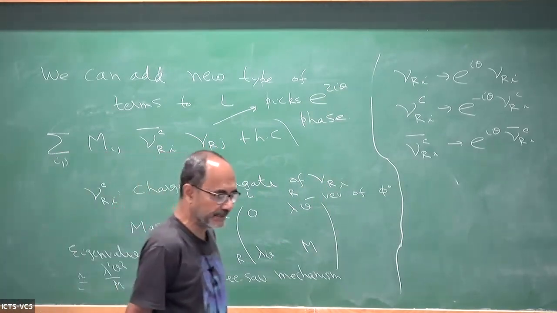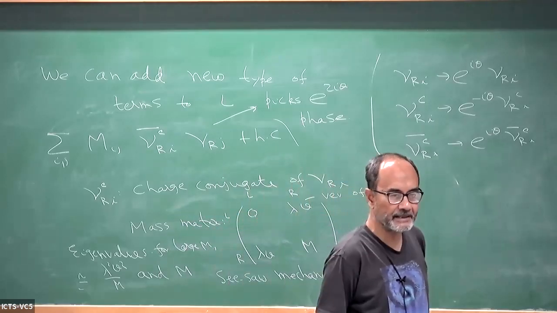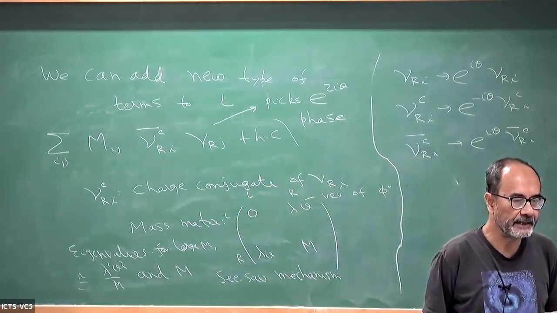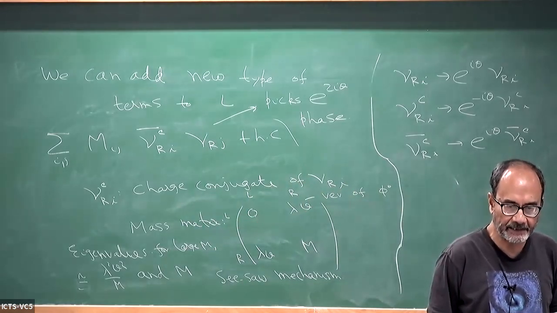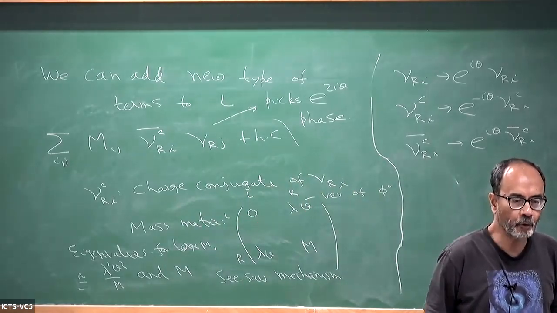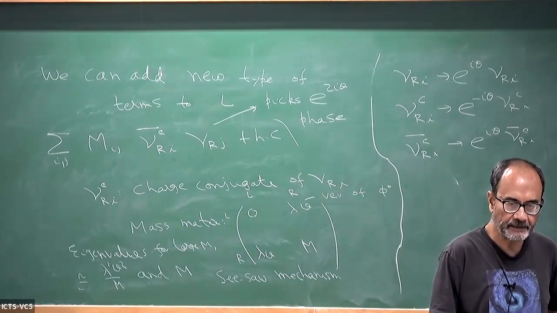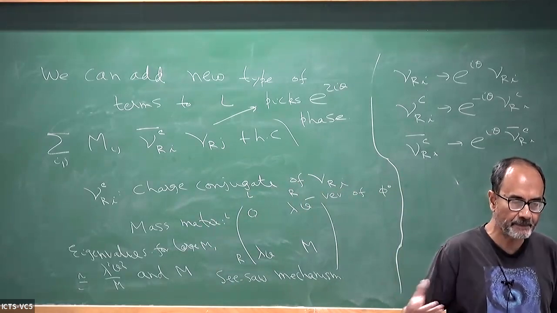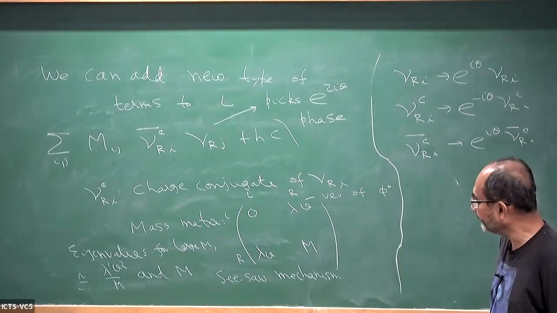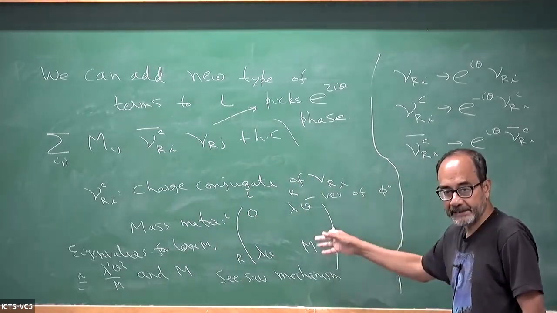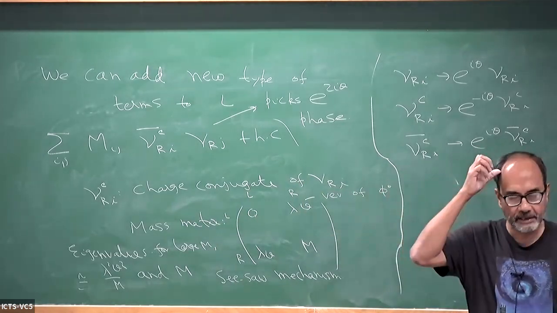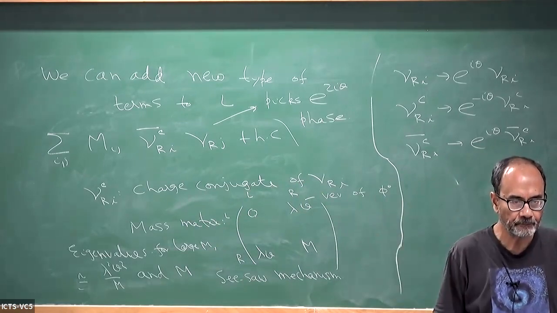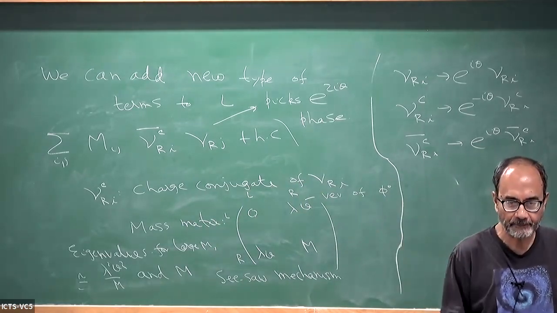So this then suggests that if this is the underlying mechanism for neutrino mass generation, then the same mechanism, the same Lagrangian, may be useful for producing B minus L in the early universe. And the precise mechanism that is suggested is that these heavy particles that we see here, as the universe cools down, at some point will go out of equilibrium. So you are already out of equilibrium.